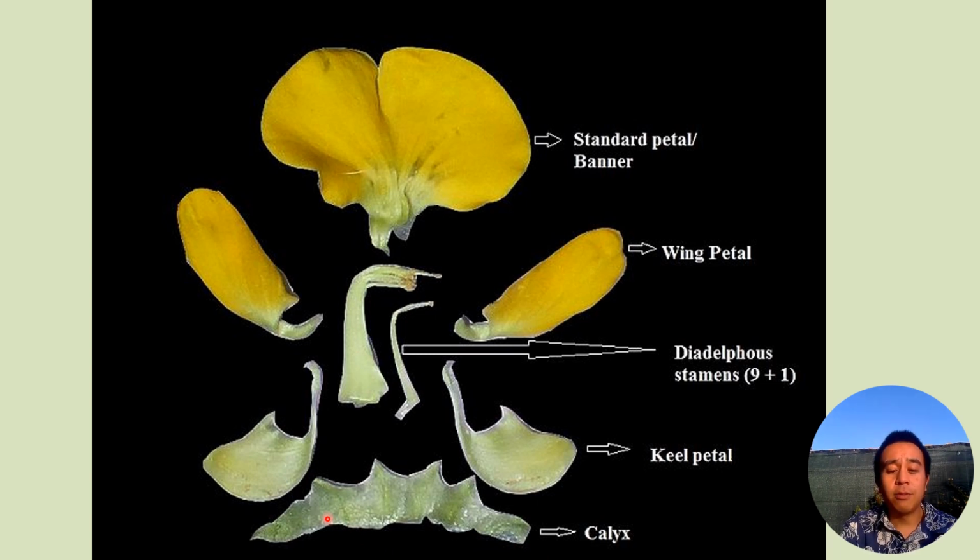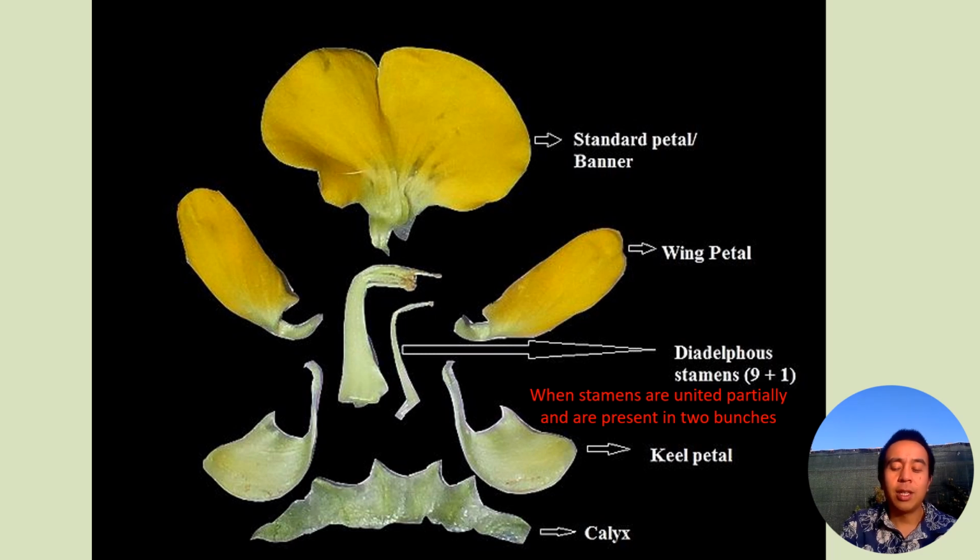And then the calyx, which is down here, is a modified sepal of the flower. In the case of Fabaceae plants, the calyx often forms a whorl that encloses the petals and forms a protective layer around the flower in a bud. And then you'll also see here that Fabaceae plants typically have what we call diadelphous stamens, which are when stamens are united partially and present in two bunches, as you can see in this diagram that the arrow is pointing out from.